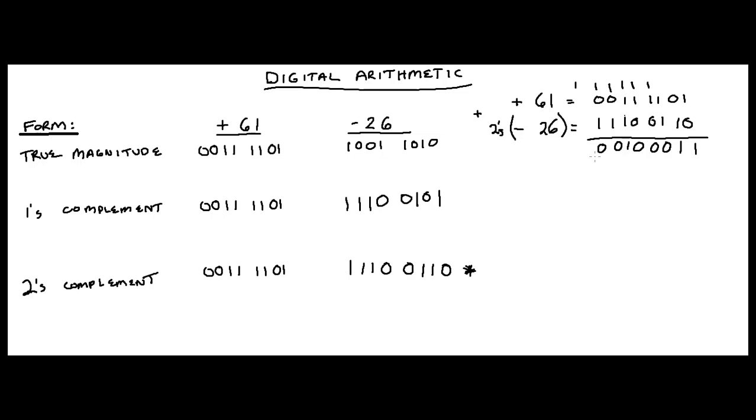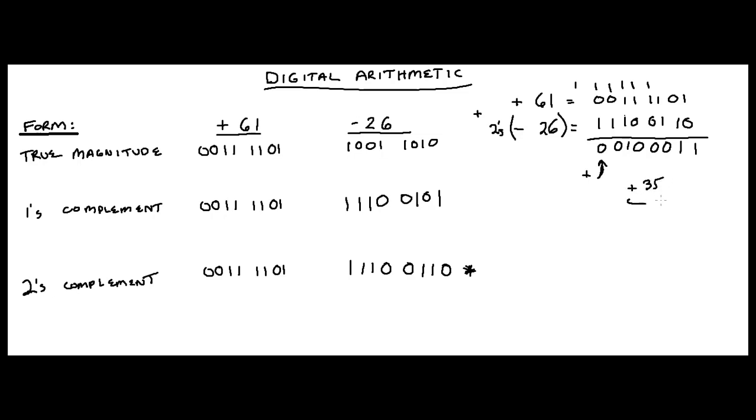So here is your result. Notice the sign bit is a 0, which means you have a positive number, right? So let's figure out what the number is. It's going to be 1, 1, that's 3, right? 1, 2, 4, 8, 16, 32, right? 32 and 3 is going to be what? 35, isn't it?